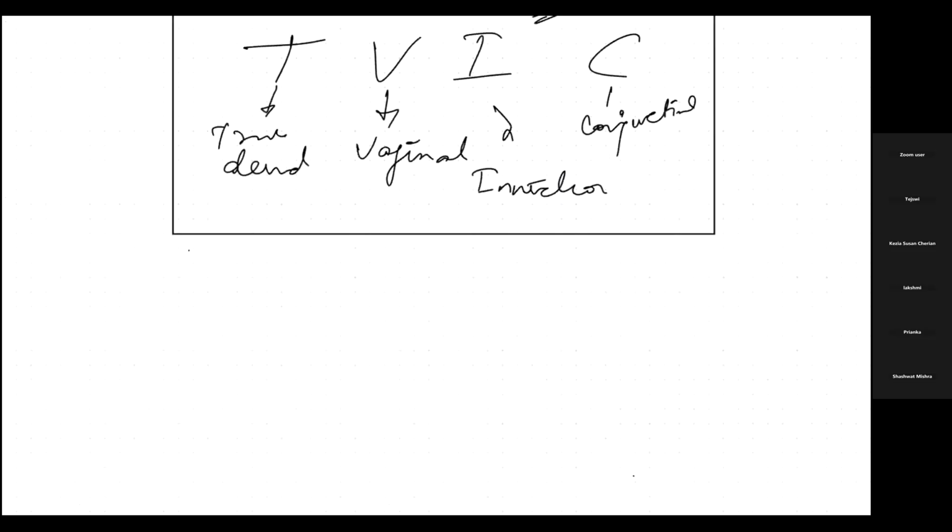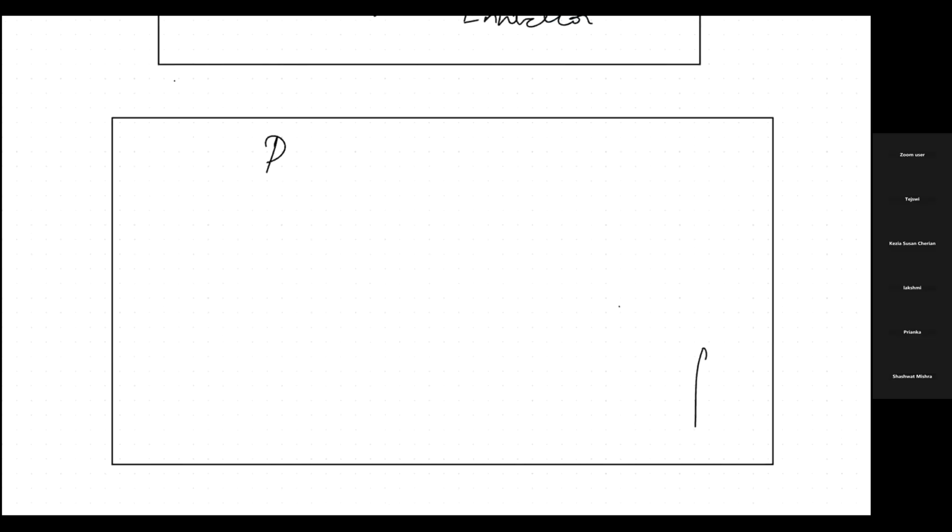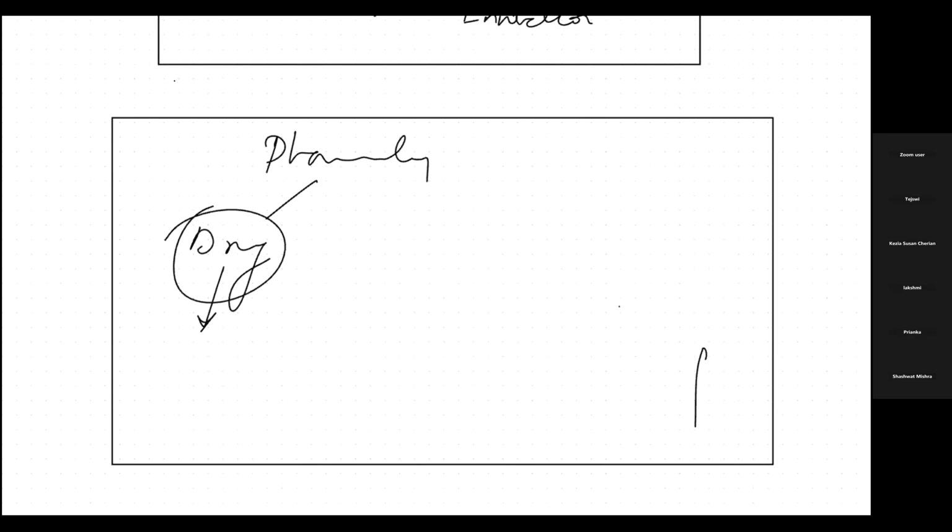So till now, let's have a recap from the beginning of the class. We discussed what pharmacology is, the study of drugs. Then we discussed how we are going to administer that drug, the form and the route.